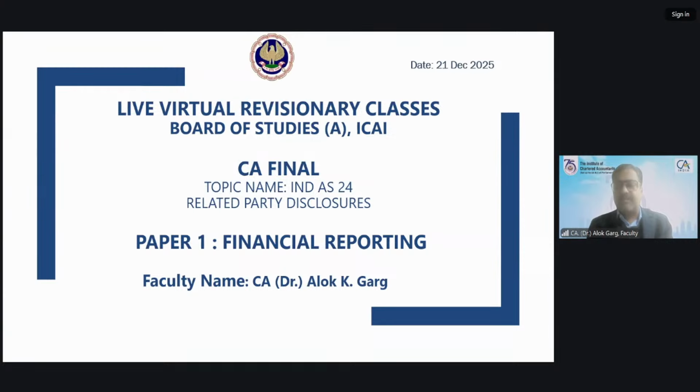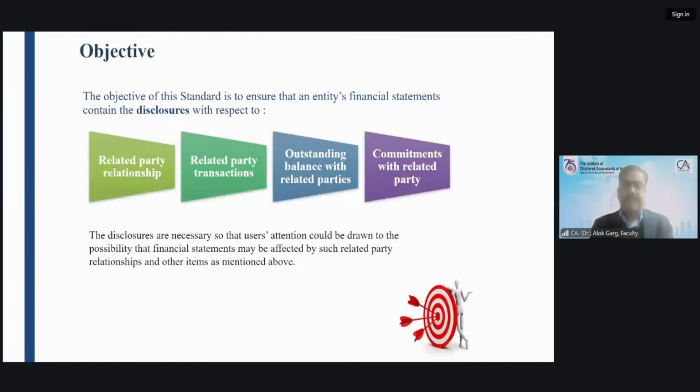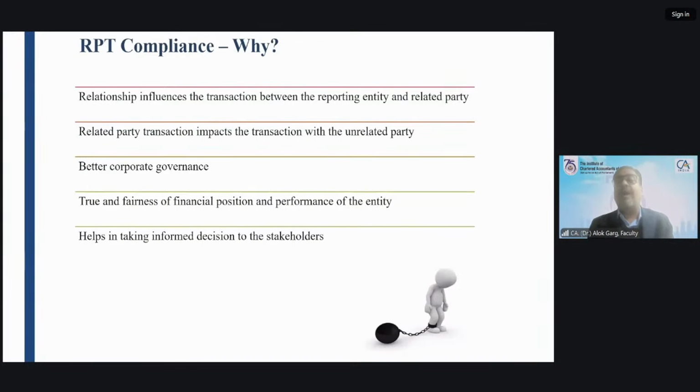So in this standard, we will discuss more examples of how to identify a related party. Okay. So friends, before moving to that, let's discuss why RPT compliance is important.